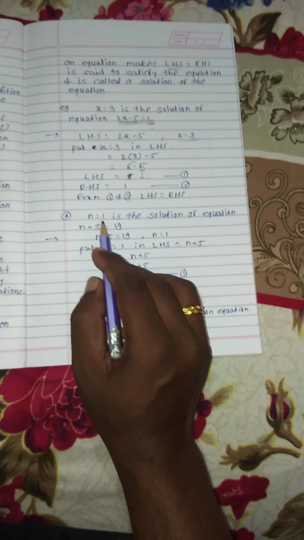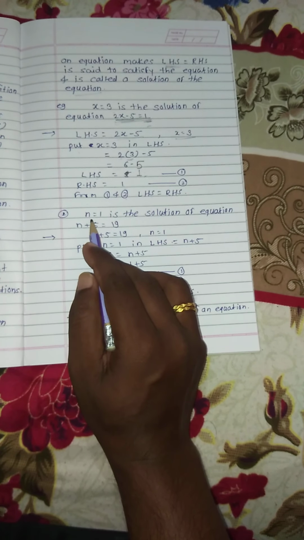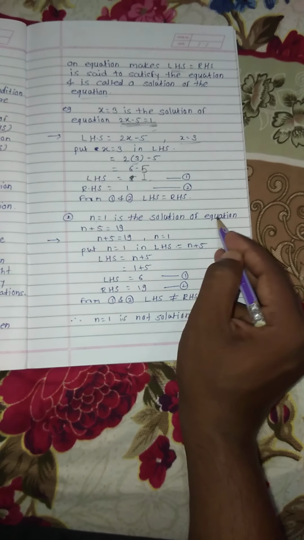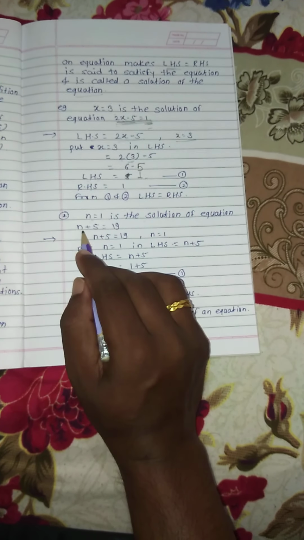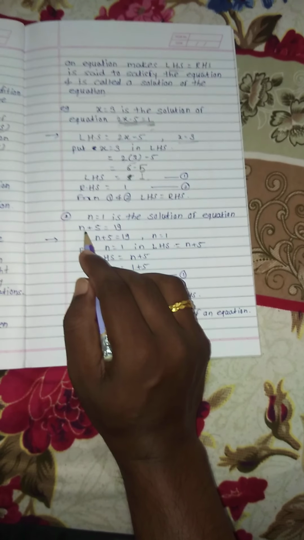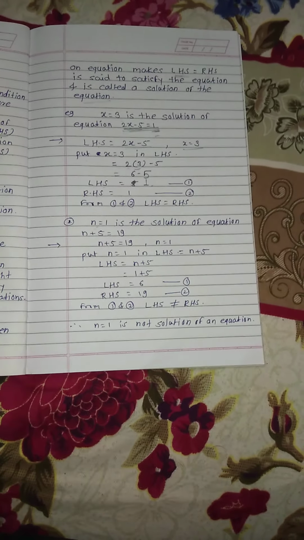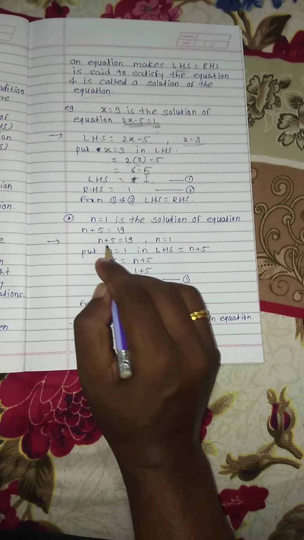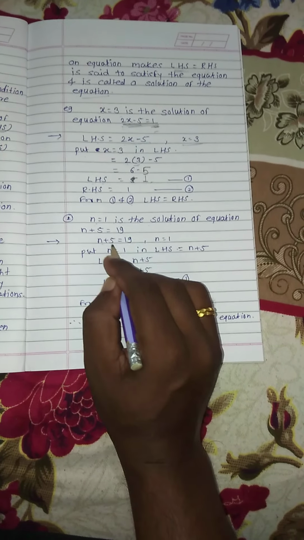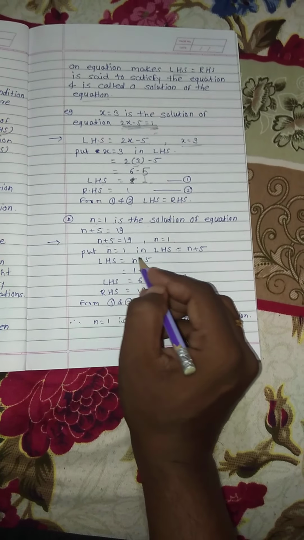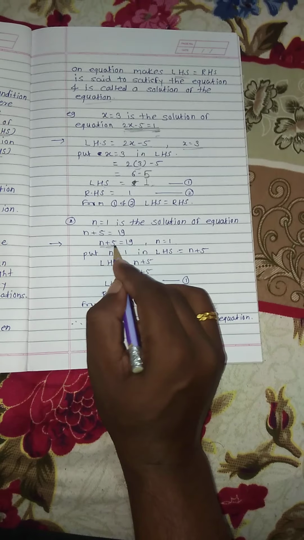Now observe the second example. Is n equal to 1 a solution of the equation n plus 5 is equal to 19? I write n plus 5 is equal to 19 as it is, and n is equal to 1. Put n is equal to 1 in the LHS.